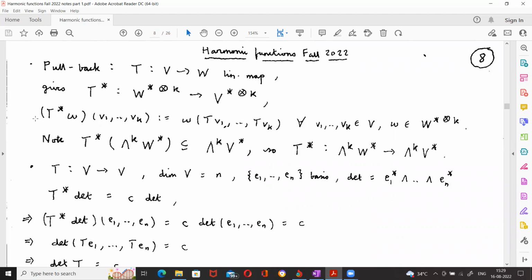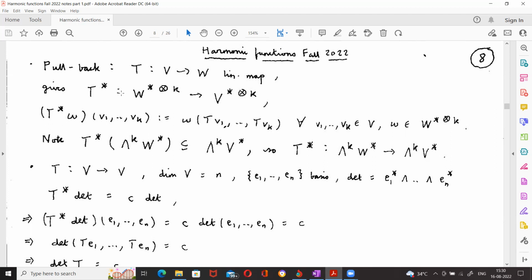So if omega is a k-tensor on W, then T star omega will be a k-tensor on V. Acting on k vectors v1 to vk, it is defined to be omega acting on Tv1 to Tvk, where v1 to vk are vectors in V, and so Tv1 to Tvk are vectors in W, so omega can act on them, and that gives me a real number.